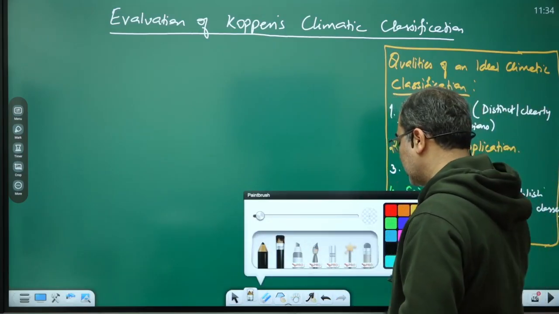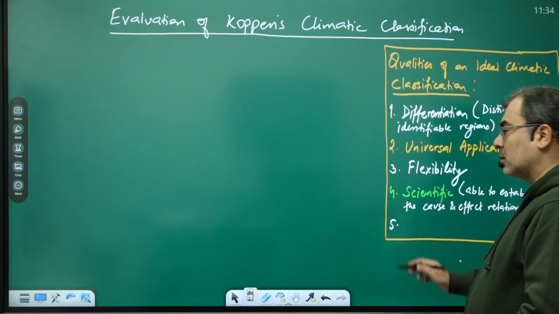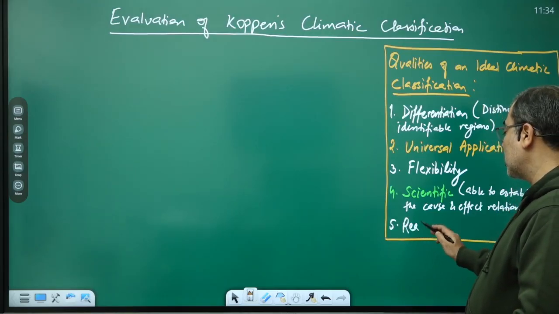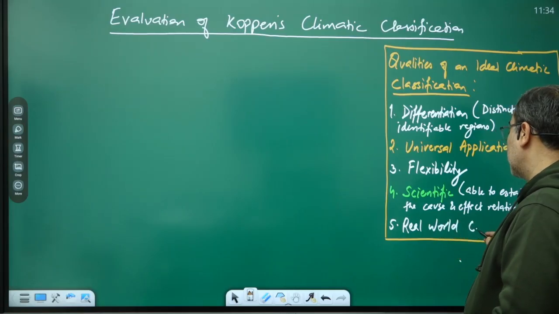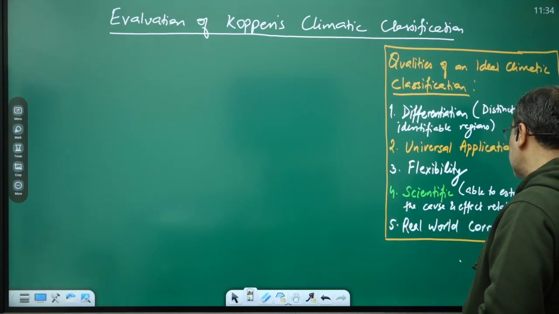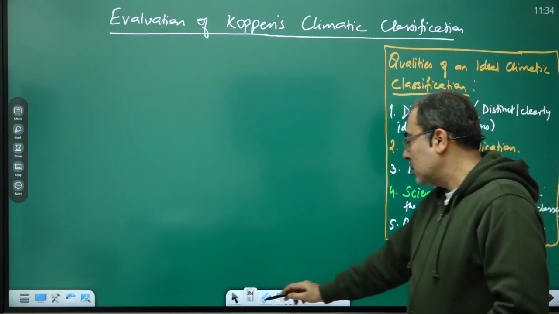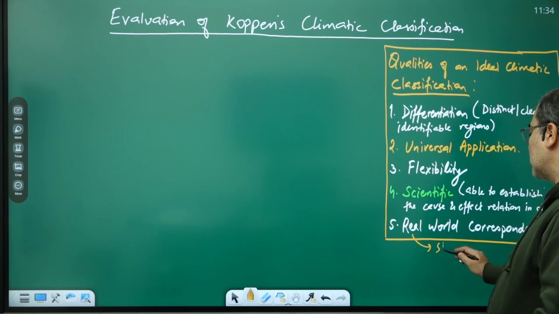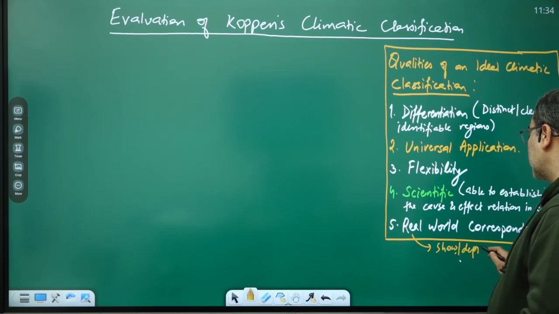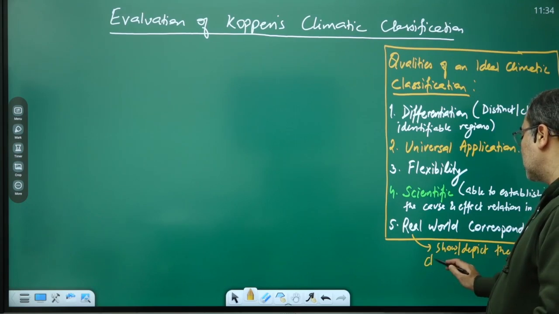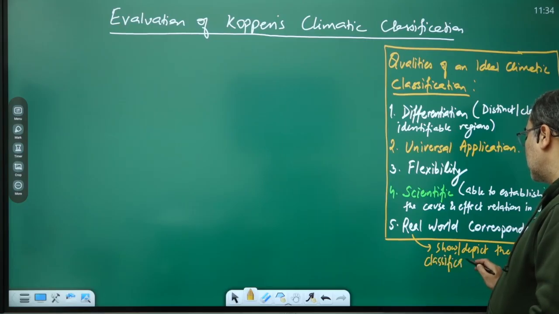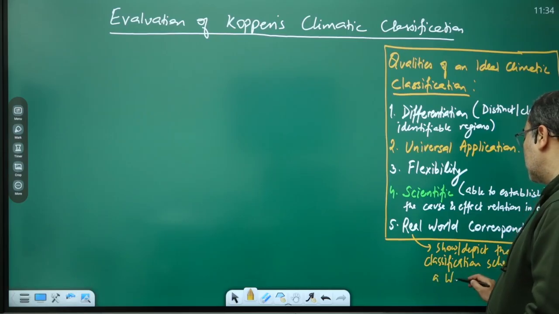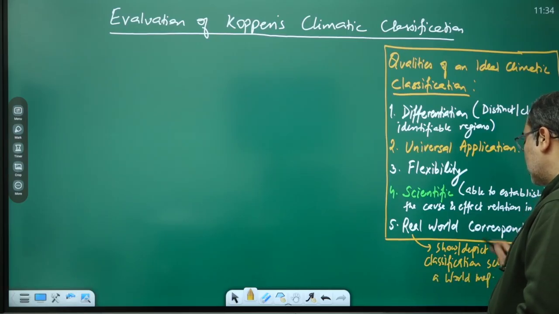And the last one is that it is not just theoretical, it is actually applicable in the world. So real world correspondence. I should be able to show or depict the classification scheme on a world map.